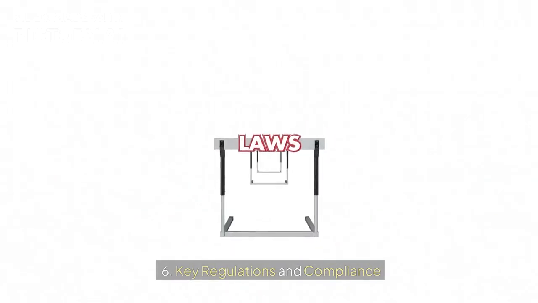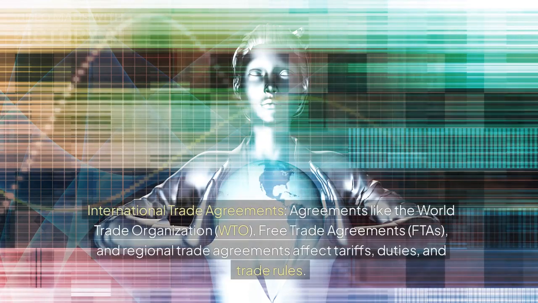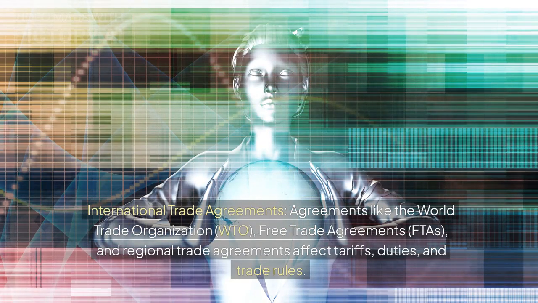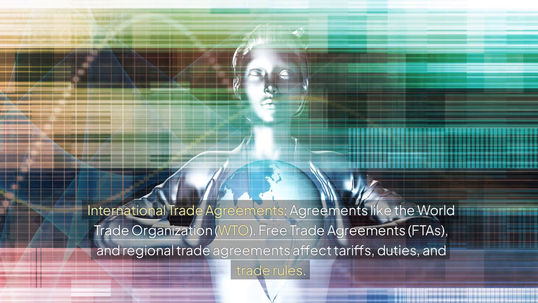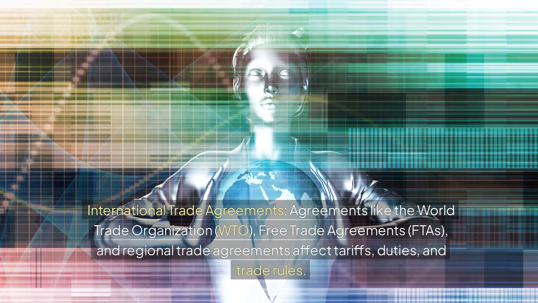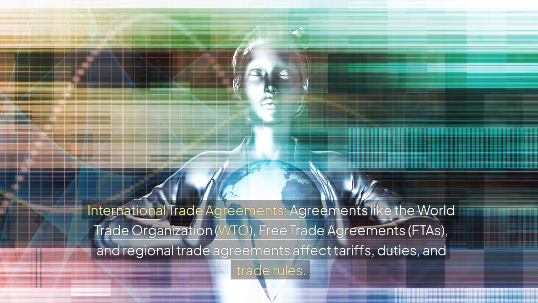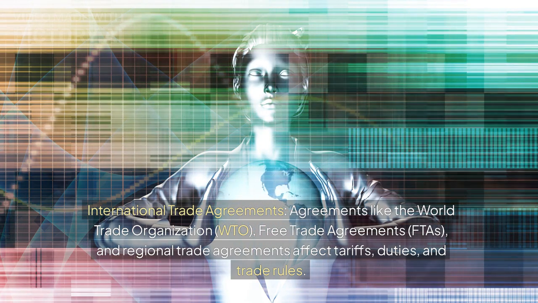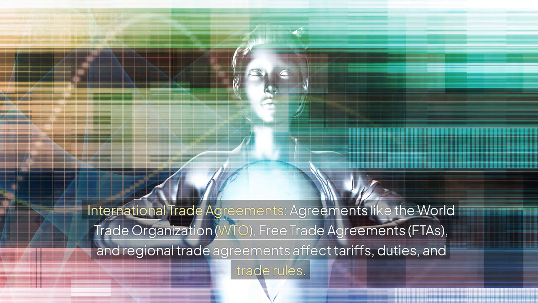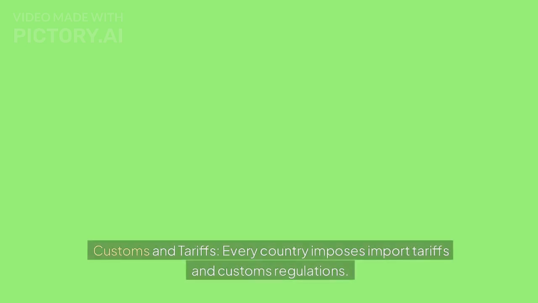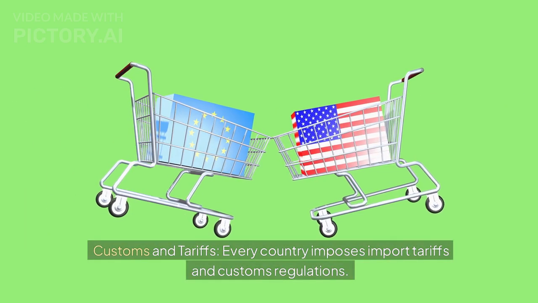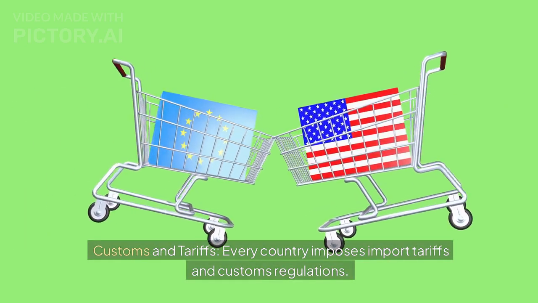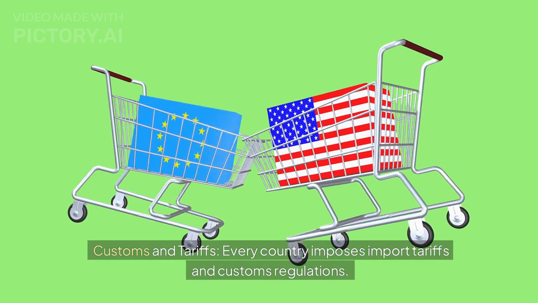6. Key regulations and compliance. International trade agreements: agreements like the World Trade Organization, WTO, free trade agreements, FTAs, and regional trade agreements affect tariffs, duties, and trade rules. Customs and tariffs: every country imposes import tariffs and customs regulations.